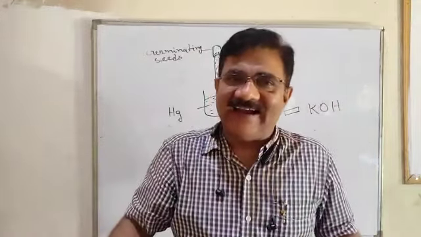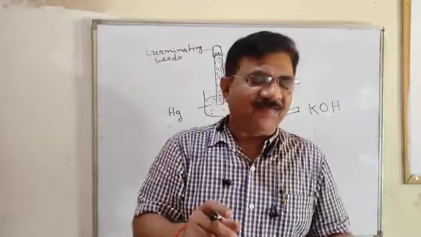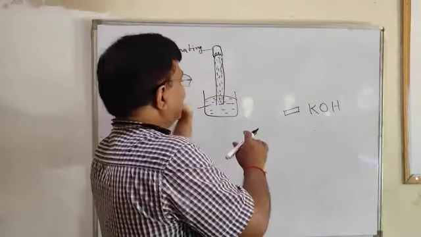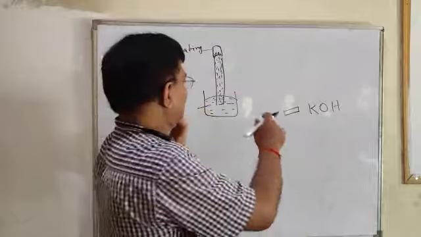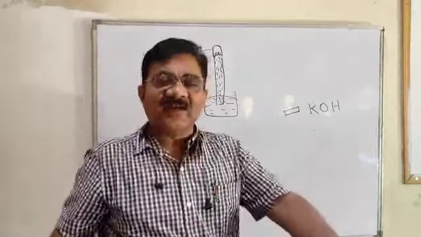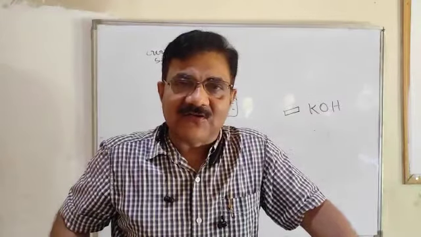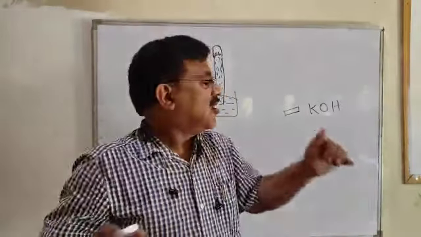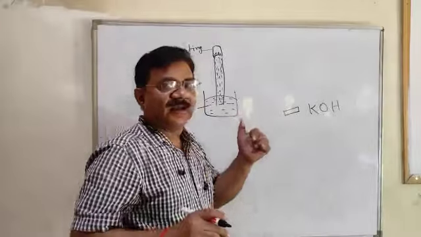Potassium hydroxide stick. With the help of forceps, just tilt it, थोड़ा टेढ़ा कर दो, and keep this stick here. The potassium hydroxide stick also has a density less than the density of mercury.